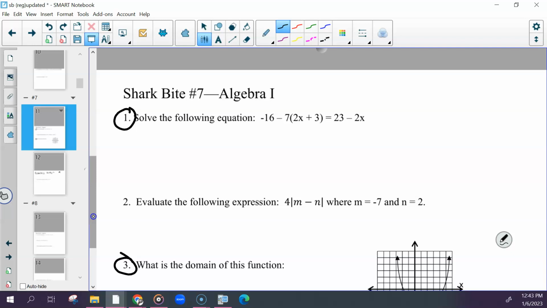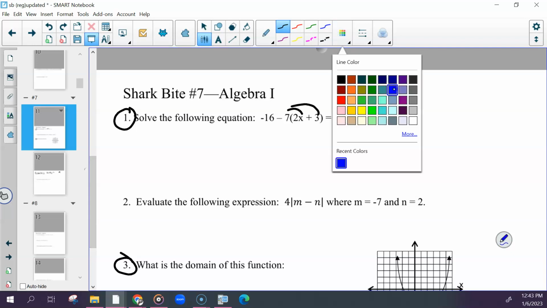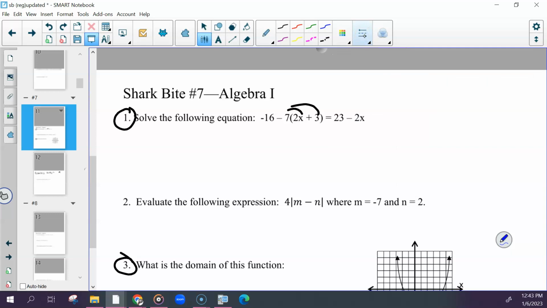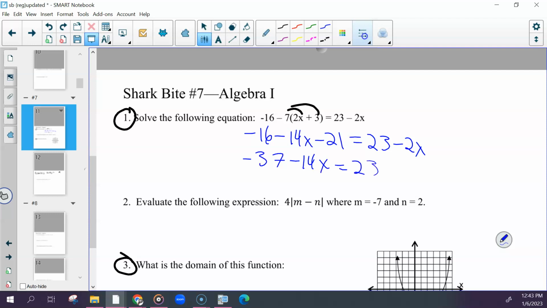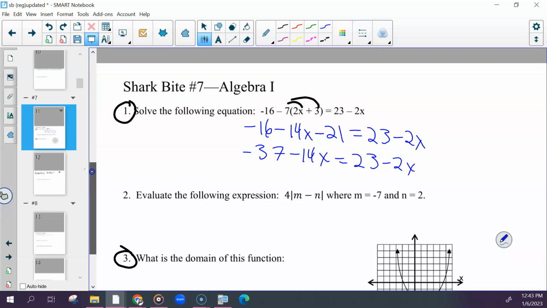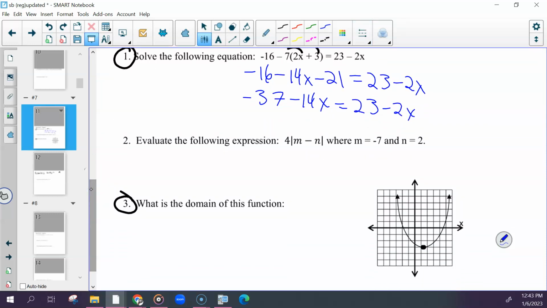Okay. So let's start with 1. I know I saw a lot of you working on 1. Distribute. We have negative 16 minus 14x minus 21. Combine your like terms. So negative 37. Then you have options. Pick and choose what you want to move.